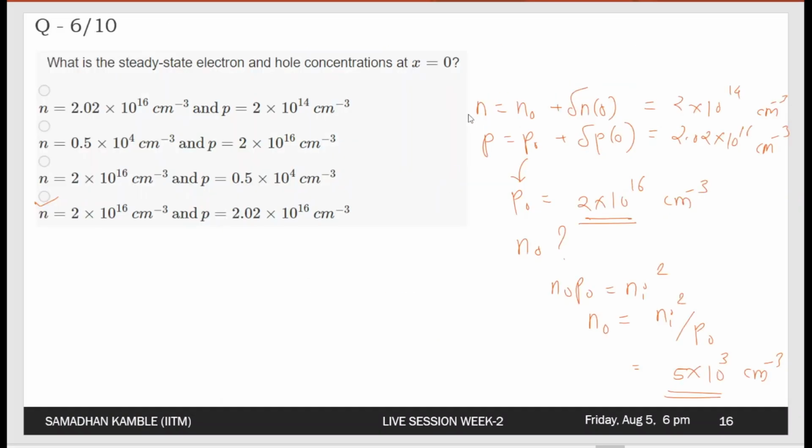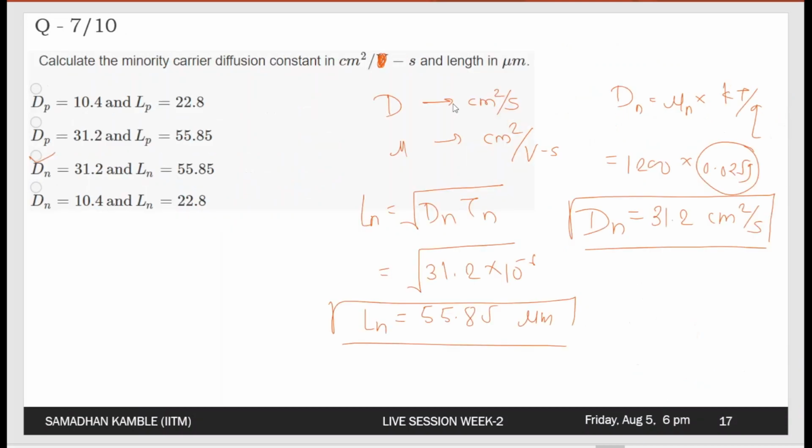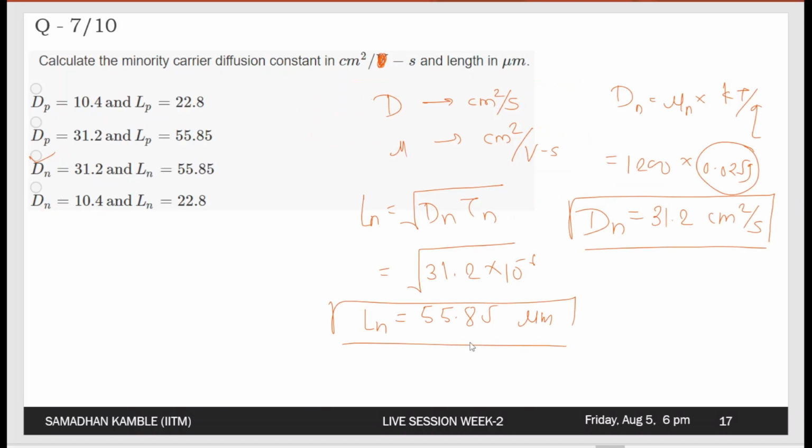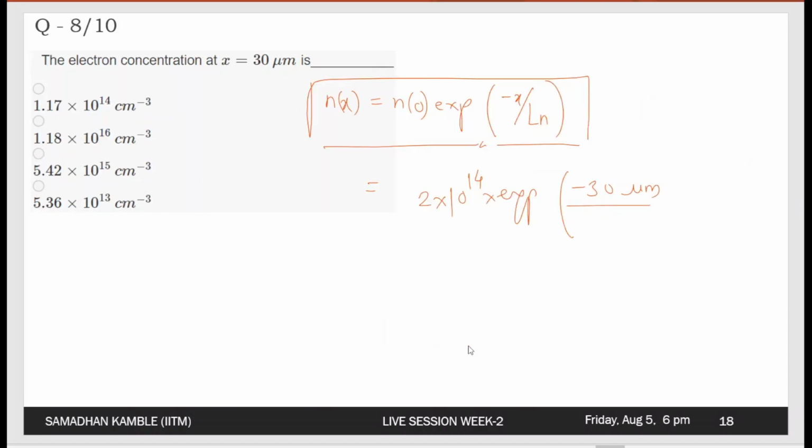Okay, so at x equal to 0 we calculated it. So if you substitute its value, 2 times 10 to the power 14 times exponential of minus x, at 30 micron, and we calculated in the last problem the diffusion length as 55.85 micron.